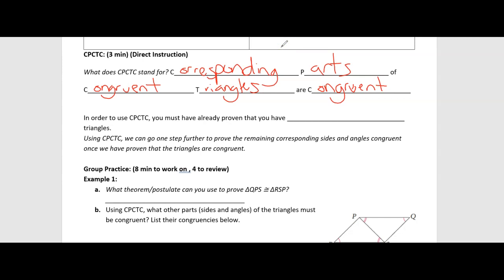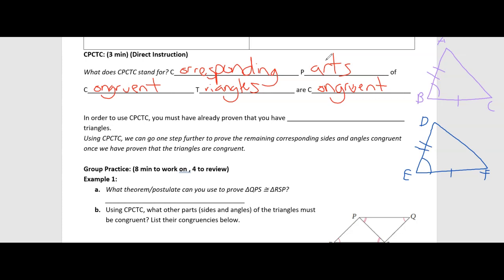So real quick example. Let's say I have triangle ABC and triangle DEF. And I know that these corresponding sides and angles are congruent. Well, I could say the triangles are congruent, right, by SAS.